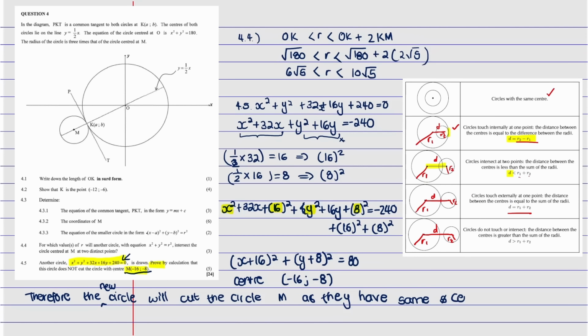We know that they have the same center, and also their radii are unequal.